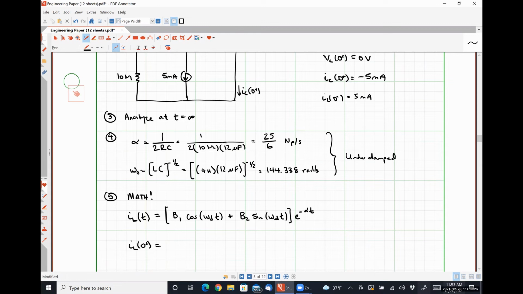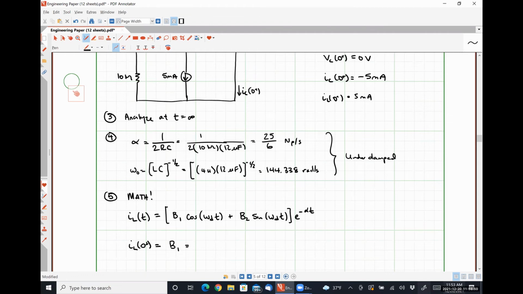Okay, so this bit looks like 1. Then we're going to have B1 times cosine of 0. What's cosine of 0? 1. So we're going to have B1 plus, what's sine of 0? So we're going to have B1 plus 0 times 1. So IL at 0 plus is just our coefficient B1.